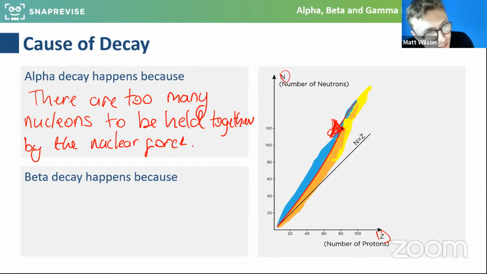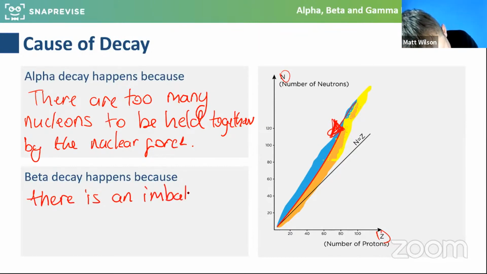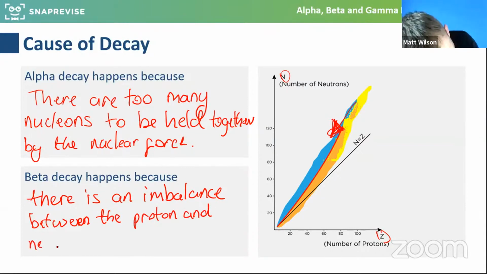So beta decay happens because there is an imbalance between the proton and neutron numbers.